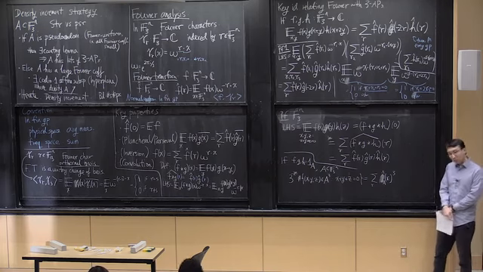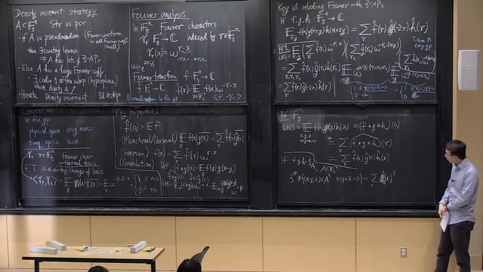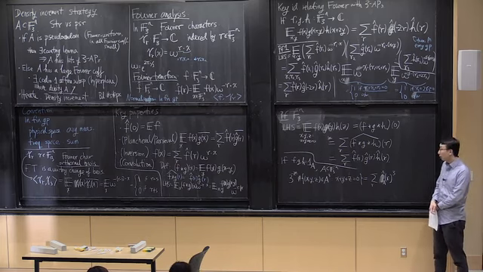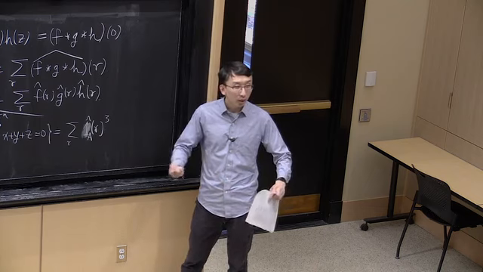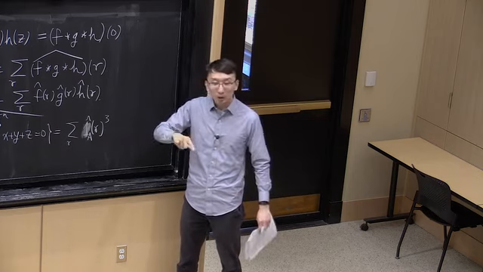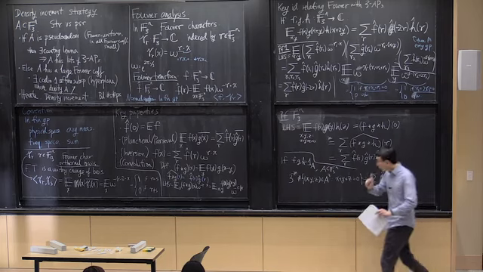And this formula should look somewhat familiar, because we also used this kind of formula back when we discussed spectral graph theory. Remember, the third moment of the eigenvalues is the trace of the third power, which counts closed walks in a Cayley graph. So this is actually the same formula.